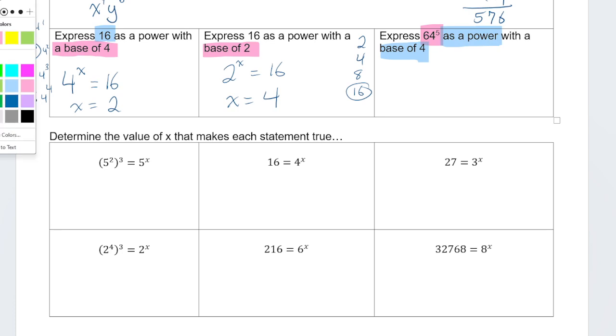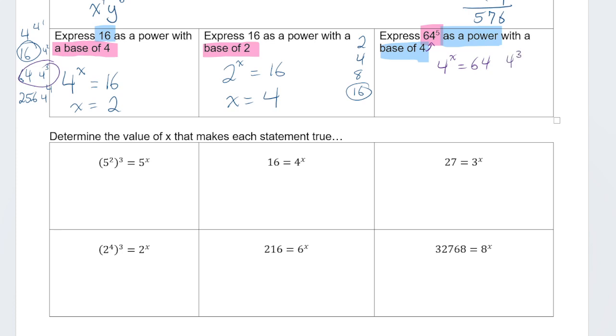So how would we do that? Well, we're going to look at what power of 4 is 64. So we'll start by trying to find what power of 4 would give us 64. And from over here on the left, we can see it's cubed. So 4 cubed is equal to 64. So since these are equal, I can substitute 4 cubed in where 64 is.